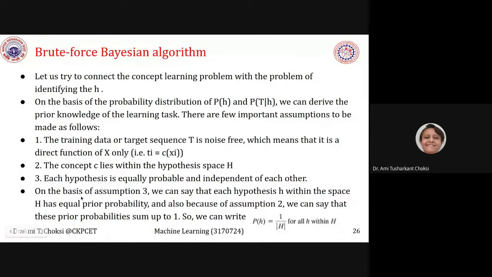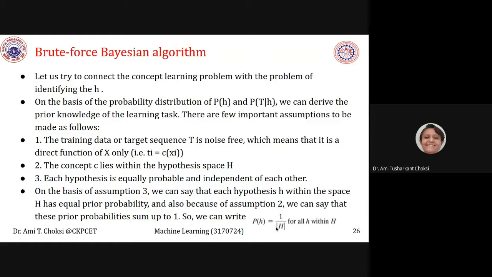Now, on the basis of assumption 3, we can say that each hypothesis H within the space H has equal prior probability, and also because of assumption 2, we can say that these prior probabilities sum up to 1. We can write P of H is equal to 1 by |H|.